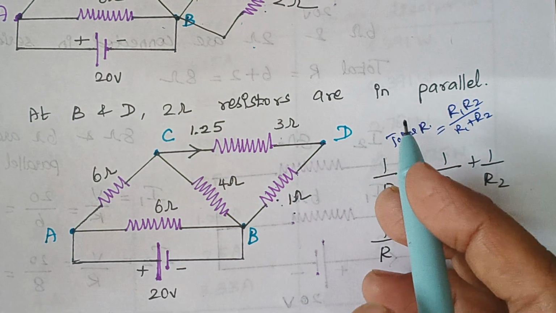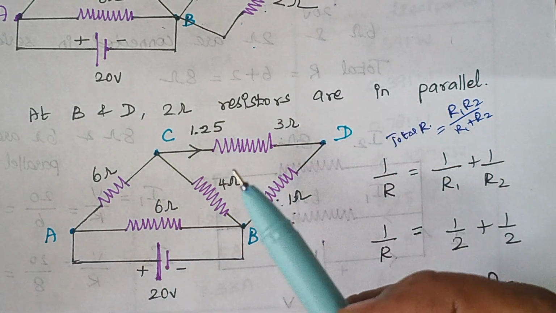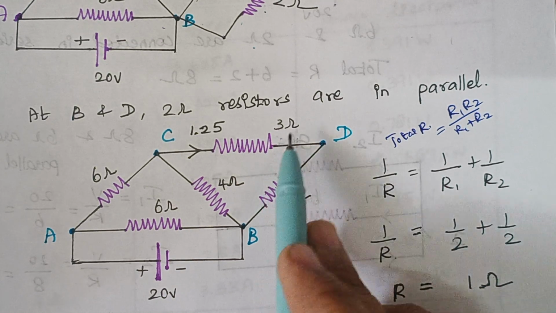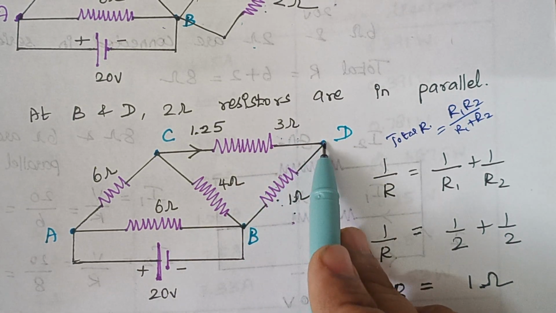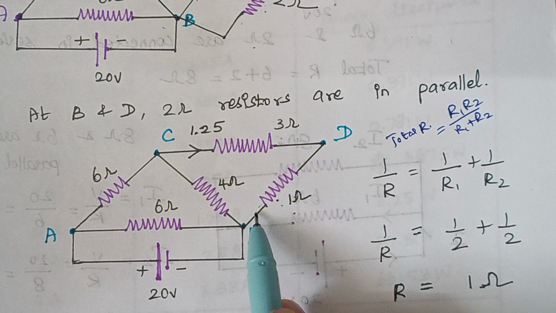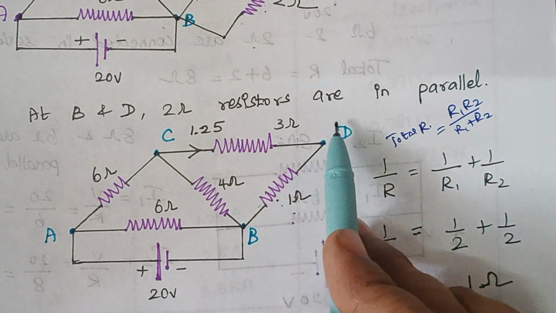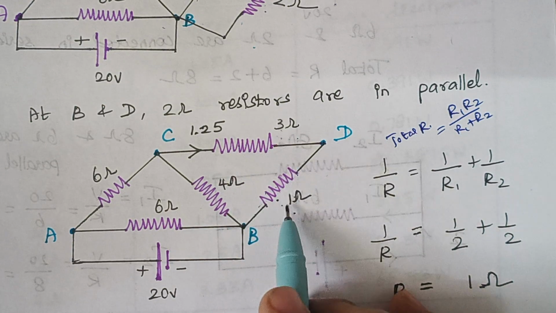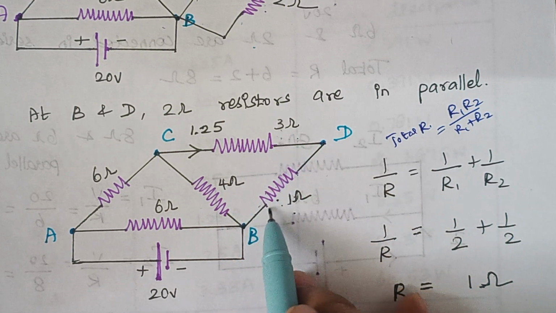In other words, whatever the value of current, if the current flowing through this 3 ohm resistor flows again through this 1 ohm resistor because there are no more paths to go through, these 3 ohm and 1 ohm resistors are in series.